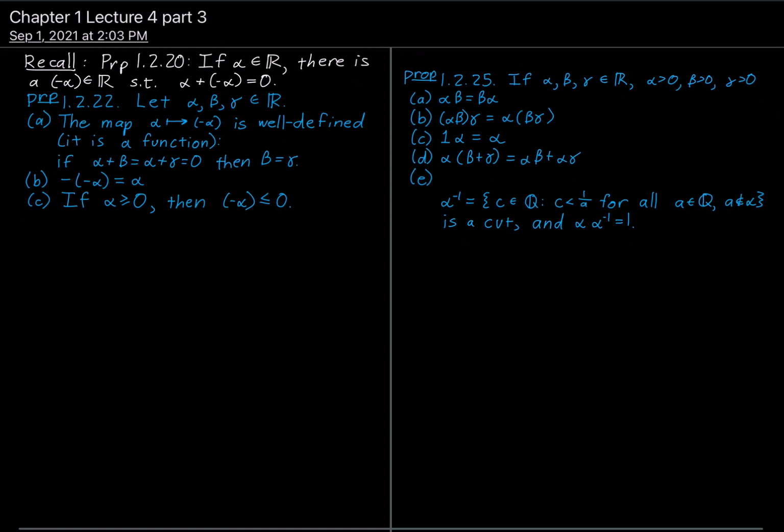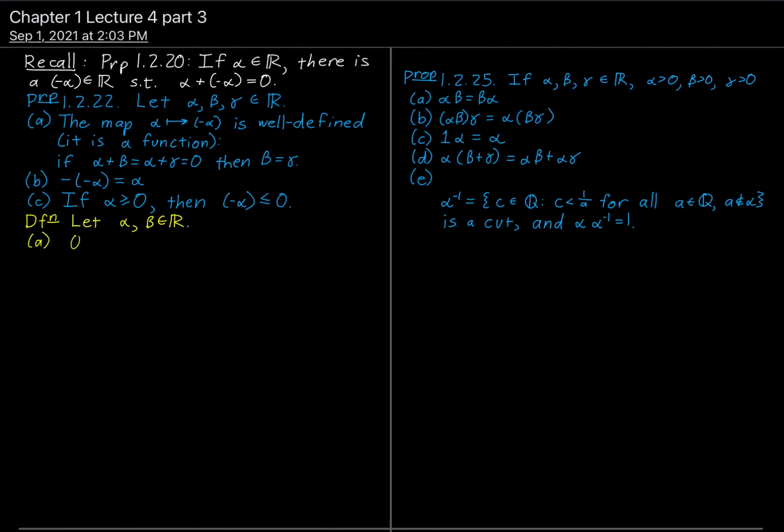All right, and then once we've got multiplying by -1 under our belts, it is not too hard to multiply arbitrary real numbers, since we can multiply by -1 and we can multiply positive numbers.